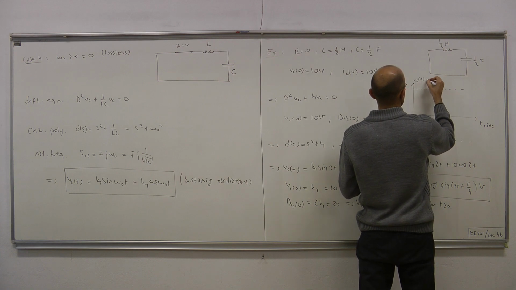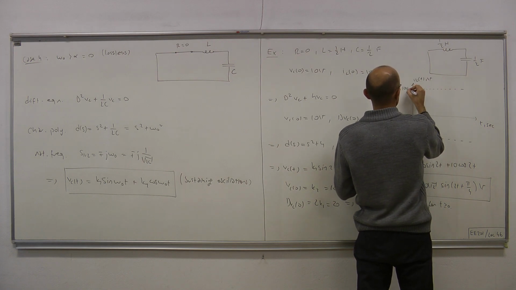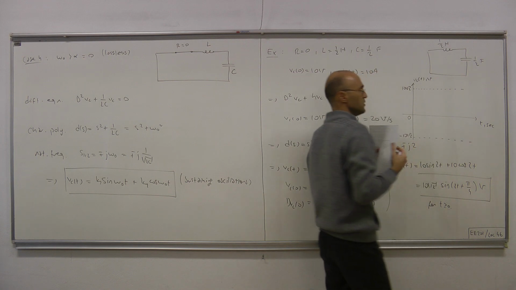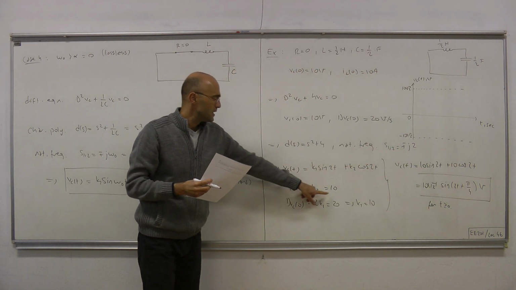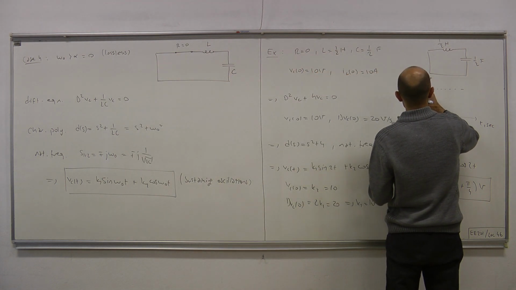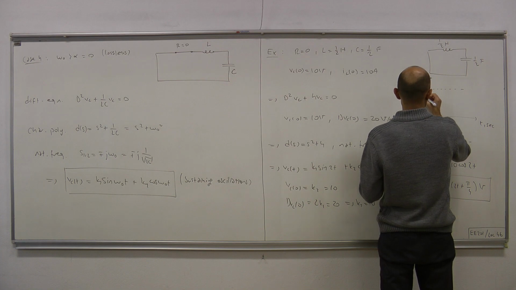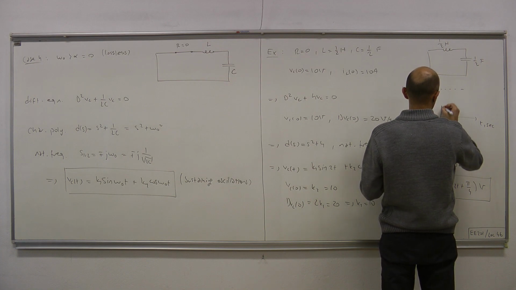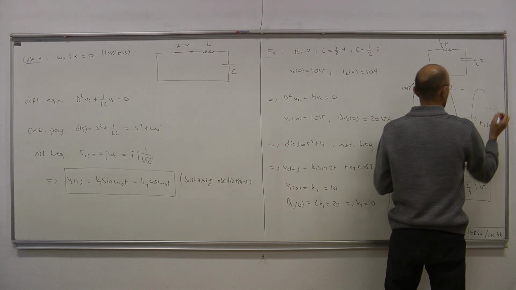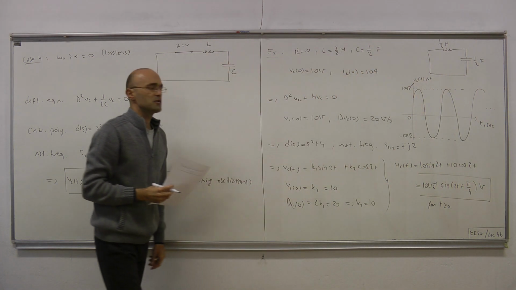This is VC(t) volts. 10 square root of 2, minus 10 square root of 2. This is 0. So initially you're at 10. So you're somewhere here. And then what happens is the oscillations go on forever at 2 radians per second.